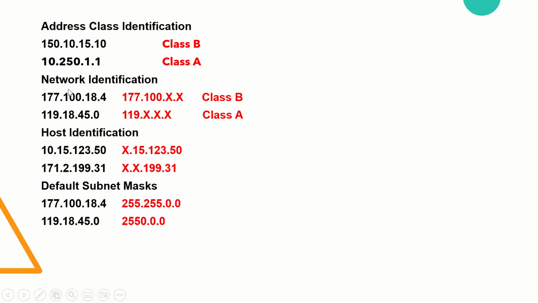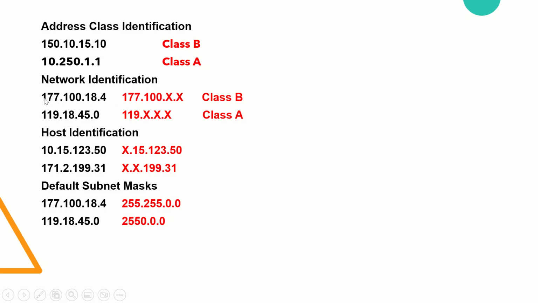Then, what do we calculate to find out the network identification? In class B, two octets belong to the network portion.